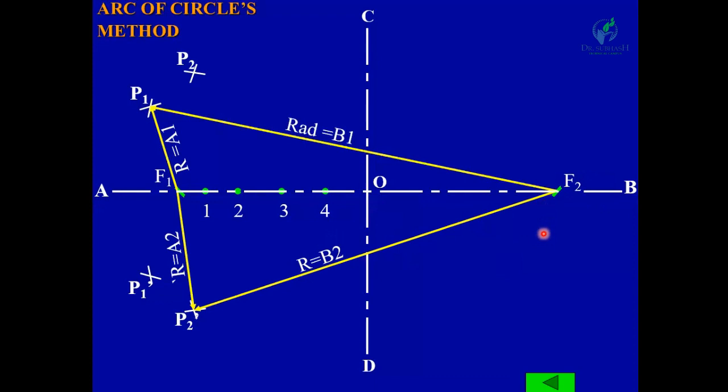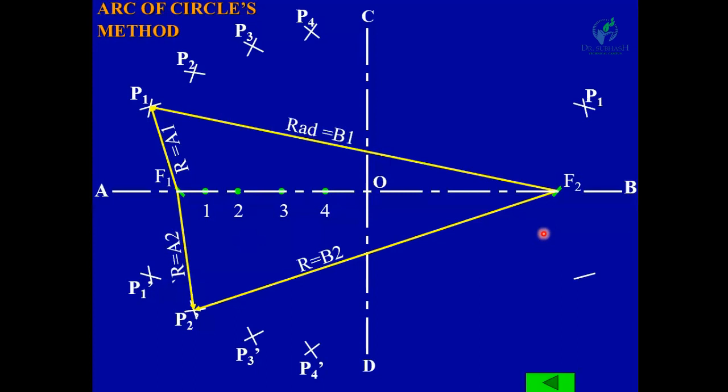Similarly, center F1, radius A3 and draw arc. Now center F2, radius B3 and draw arc, and you will get the points P3 and P3 dash. Now radius A4, center F1, draw arcs on both sides. Now center F2, radius B4 and draw arc. You will get the points P4 and P4 dash.